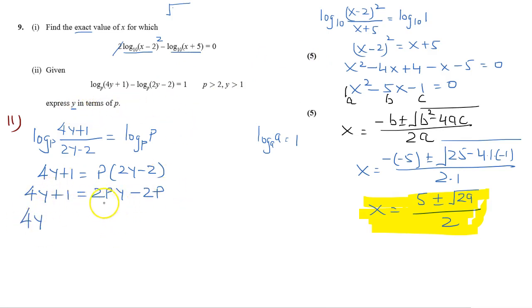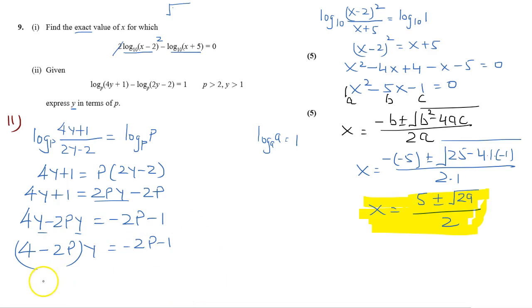So 4y minus 2py is equal to minus 2p minus 1. We take y common. So this is (4 minus 2p) y is equal to minus 2p minus 1. So y is equal to minus 2p minus 1 over 4 minus 2p.